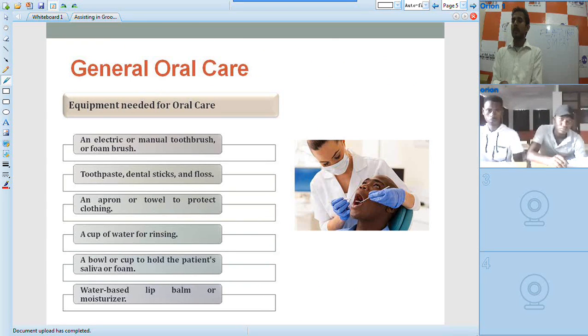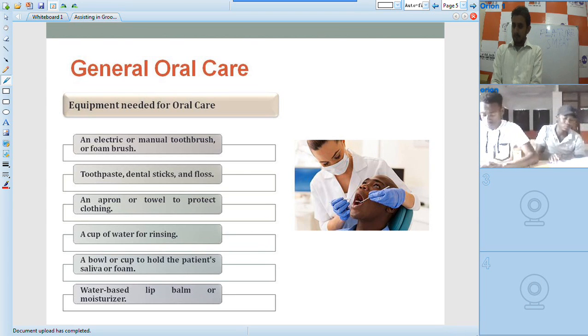Then we come to the oral care for the patient within the hospital. While giving the oral care, you need the equipment as per the condition or the requirement of the patient.